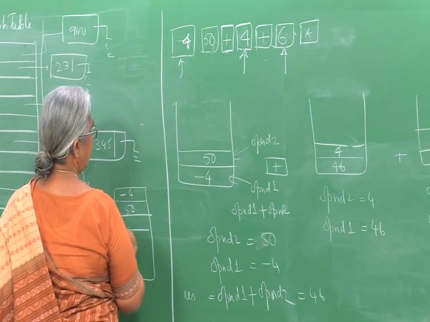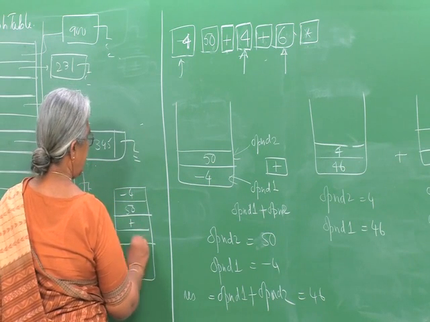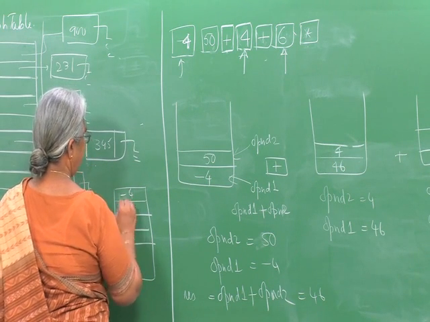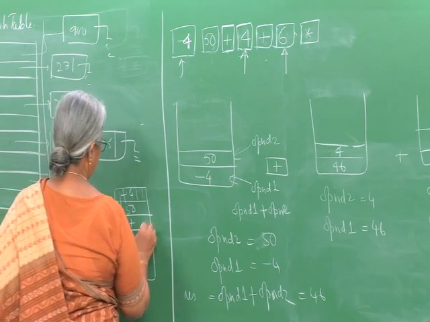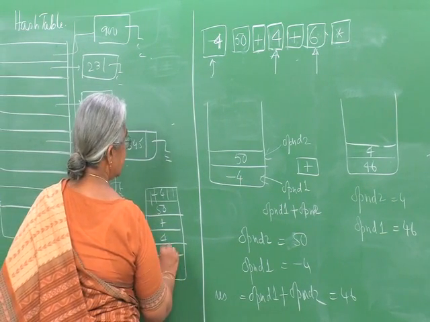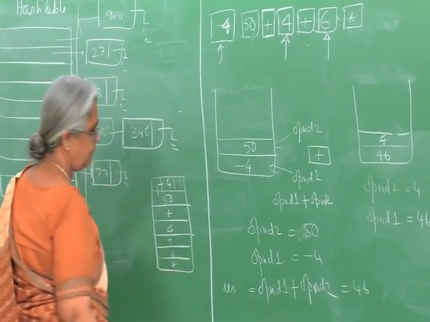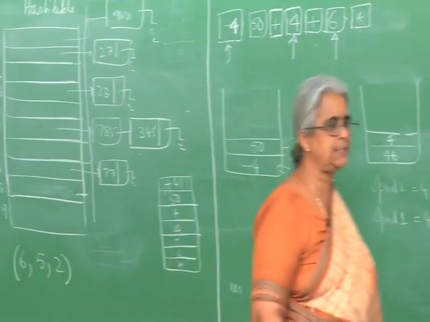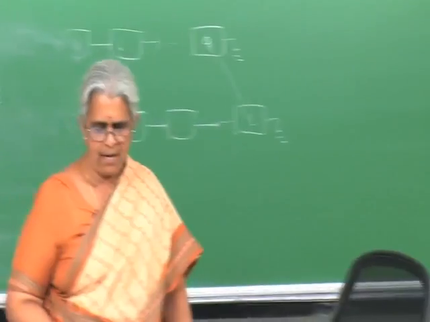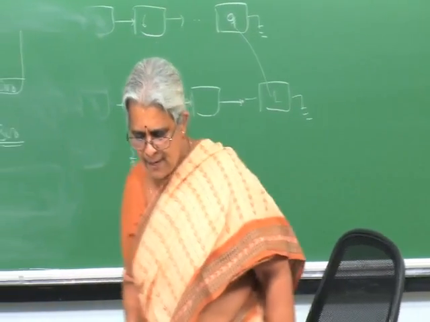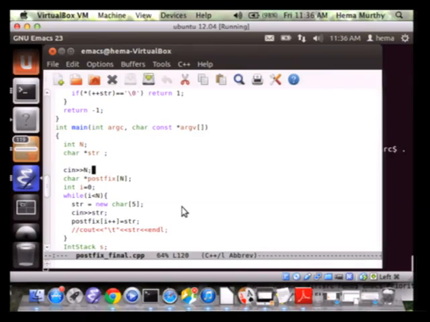That is, each element of the array is a string of length 5, 5 characters maximum, plus 6 and star in this particular example. So this is the postfix array. And then once you have done that, it's basically going to call the evaluation.